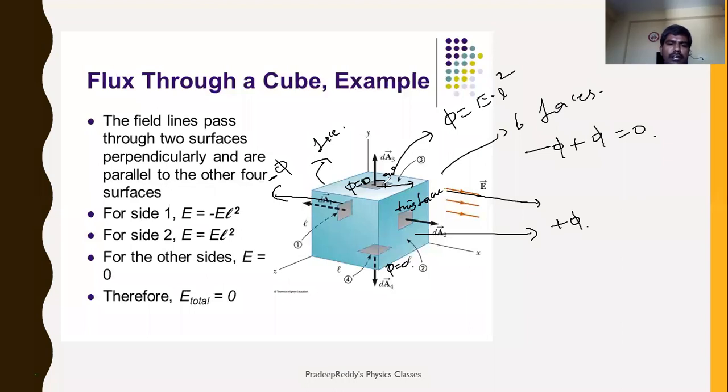So the total flux passing through this cuboid or cube will be equal to 0.